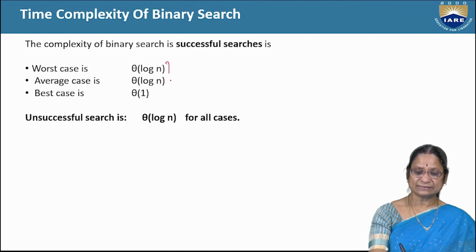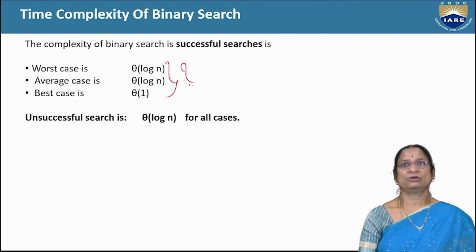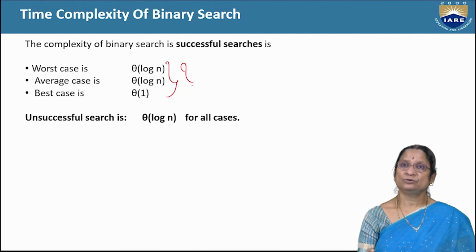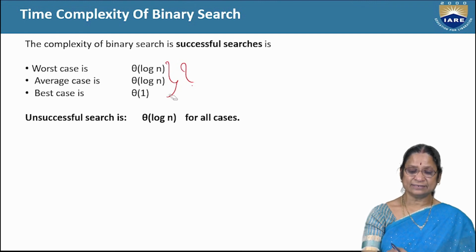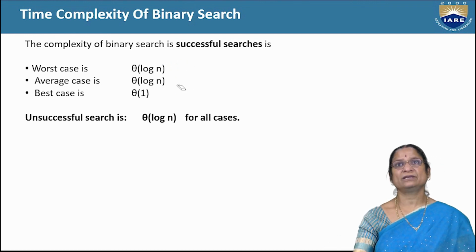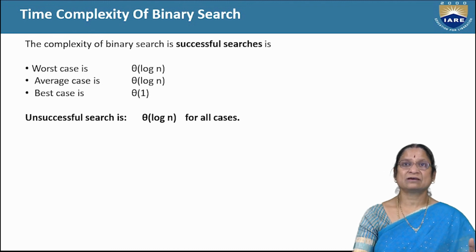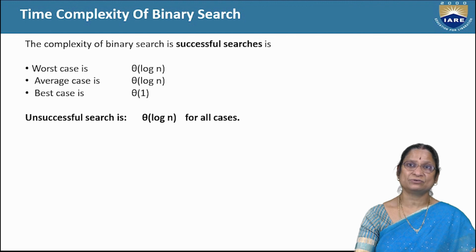But how do we get this logarithm of n? We will use two techniques. One is we can write a recurrence relation if it is a recursive algorithm, or we can consider how the search size is reduced, on what basis it is getting reduced, half, and in which format the data structure is represented.